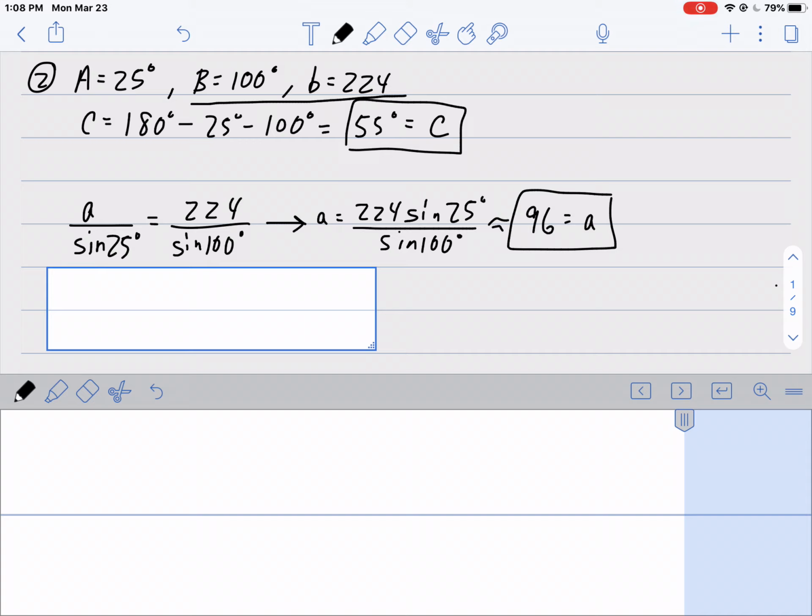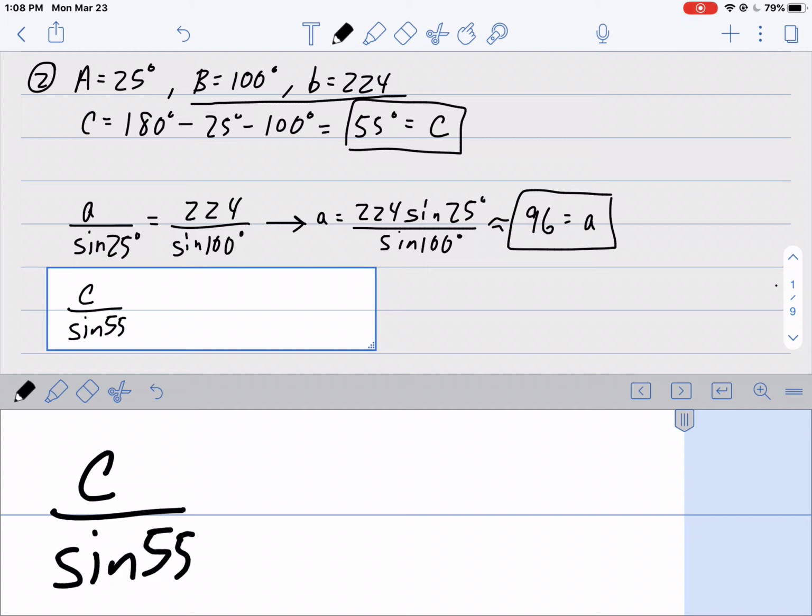What's missing is side C, right, our third side. So here's my ratio involving side C over the sine of angle C, which we found earlier to be 55 degrees. And then again, I'm going to use side B as my other ratio to set up my proportion.